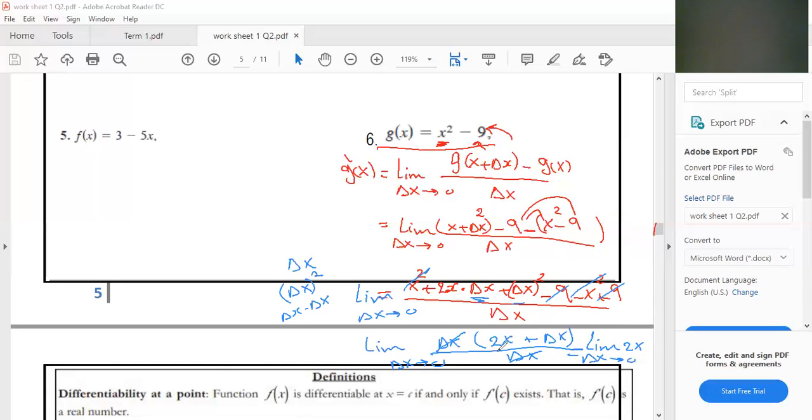Sorry, yes, plus delta x. If you replace delta x by 0, it will be 2x. That is the derivative of this function. So the derivative g prime of x means 2x.